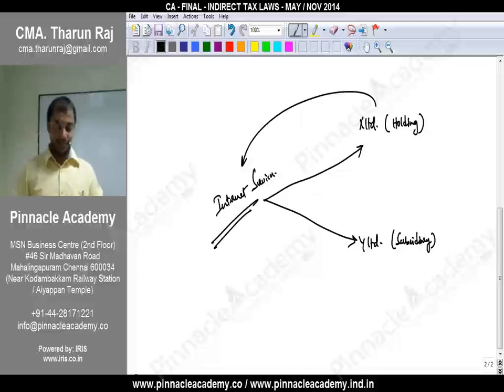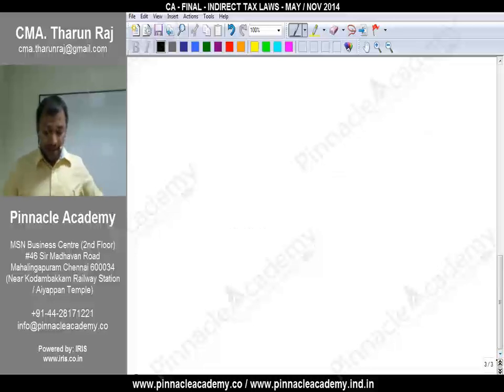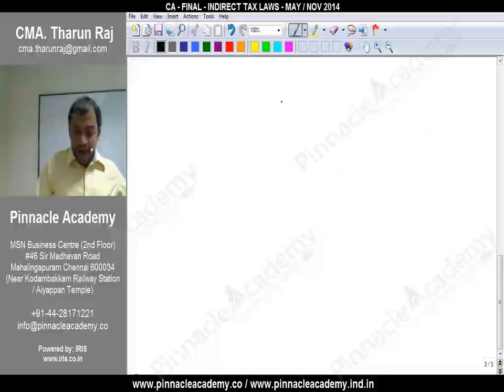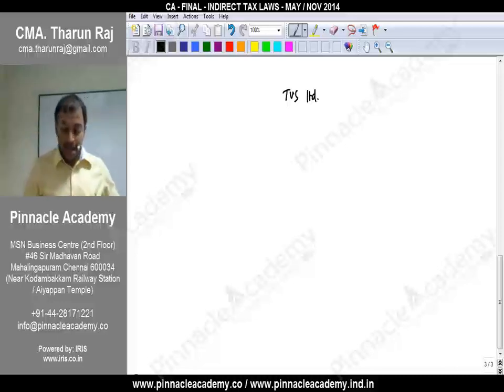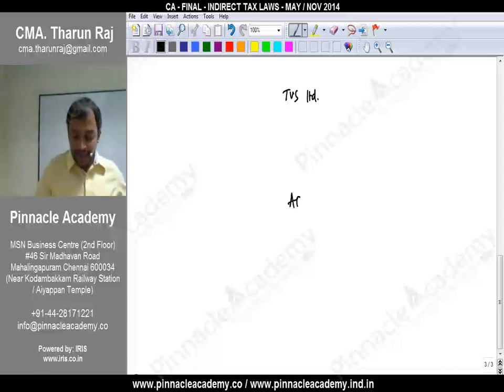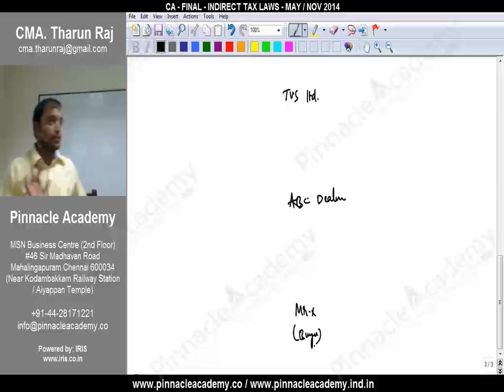One more example. See, there is a manufacturer, say TVS Limited, the manufacturer of two-wheelers. And there is a dealer, ABC Dealers. And Mr. X is the buyer of this two-wheeler.